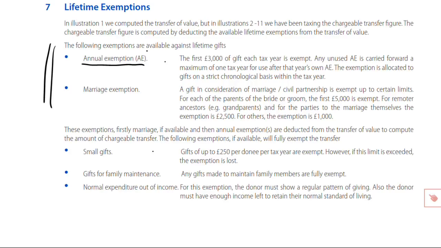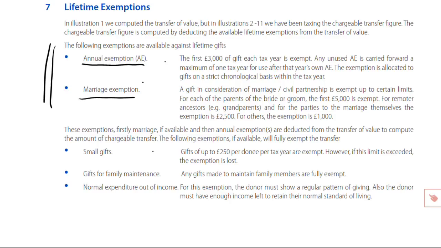In CGT, the tax most close to IHT, the other capital tax as it is known, we've got an AEA, an annual exempt amount. So it is here that in relation to our lifetime transfers, and it is only on lifetime transfers that we have these exemptions applicable, we have the ability to deduct an annual exemption each year. And then there is a very specific one, a marriage exemption.